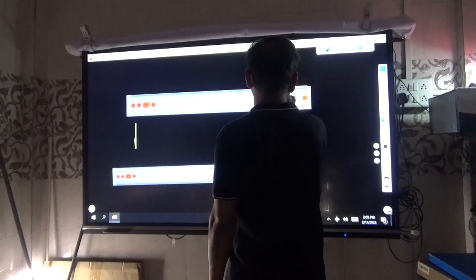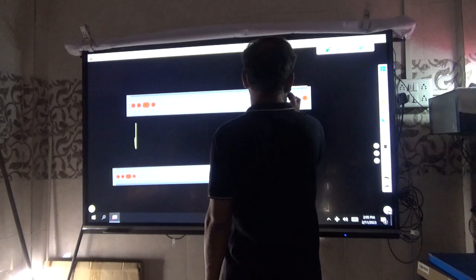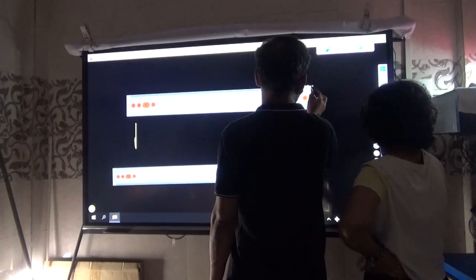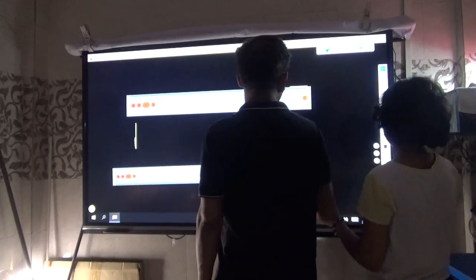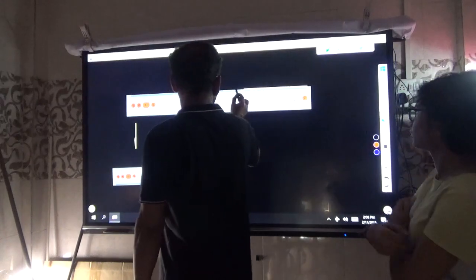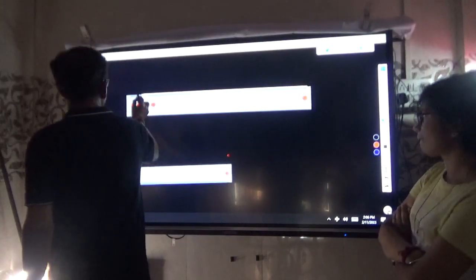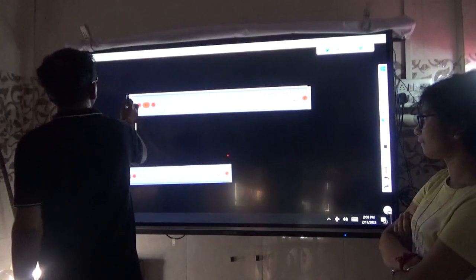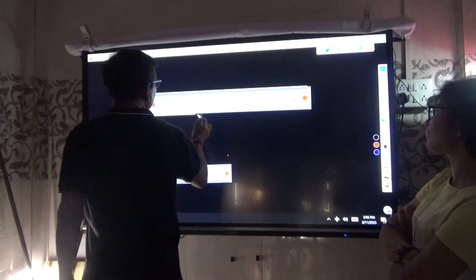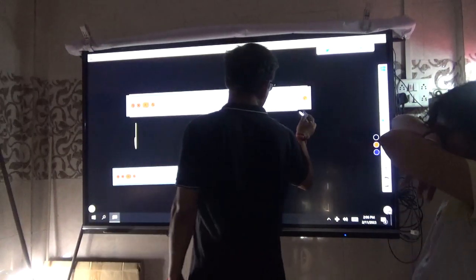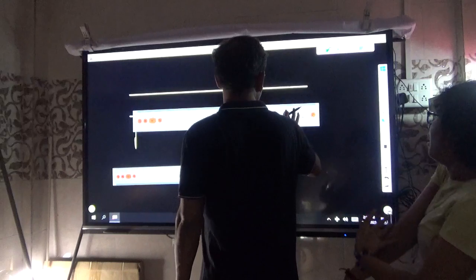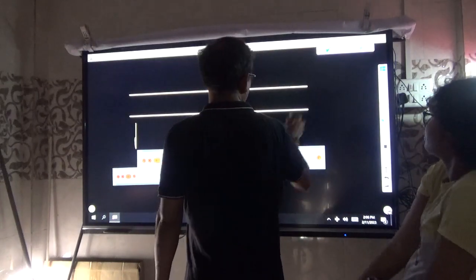Patience is there, so be patient. Wait, let me do something. If I can draw this thing, I can. Lift the hand once. So just to draw a central hall, I can use this entire space. I cannot go below. This is not a rectangle. Okay, now remove it. How am I going to remove it? Just forget about it.